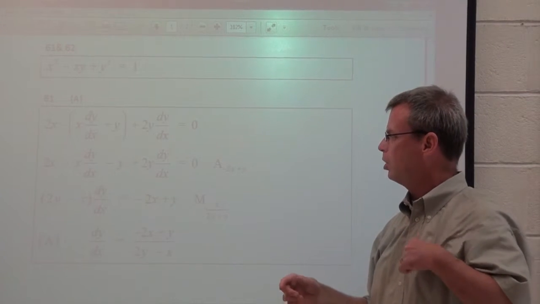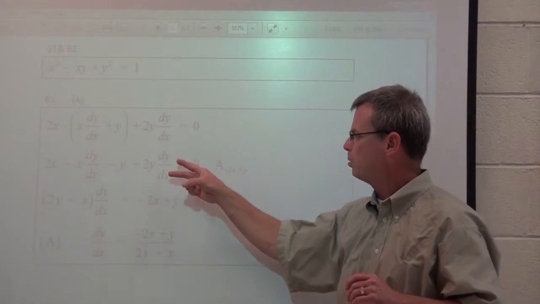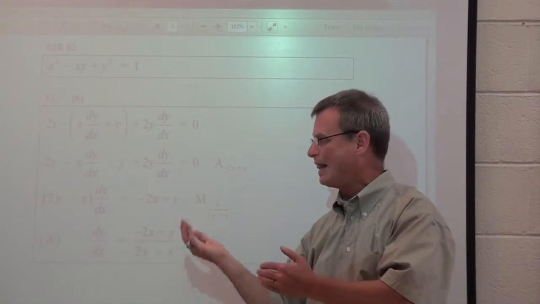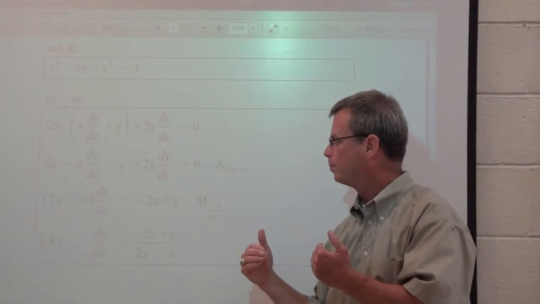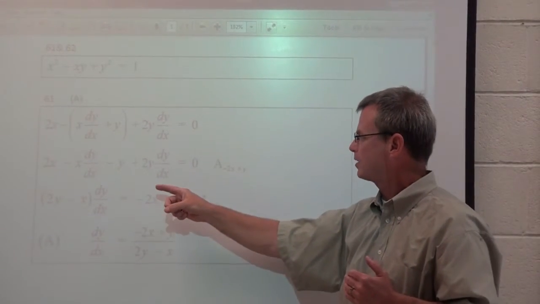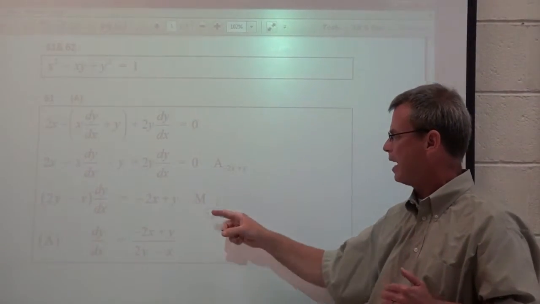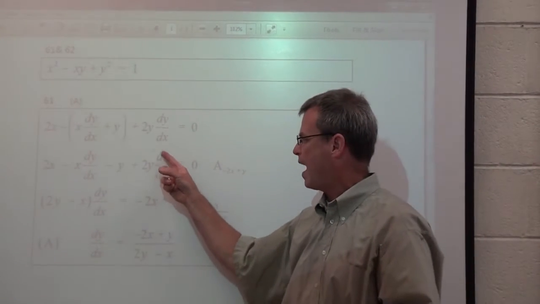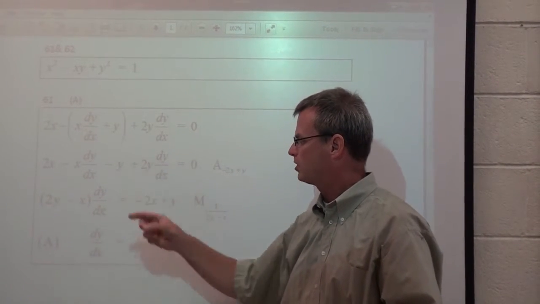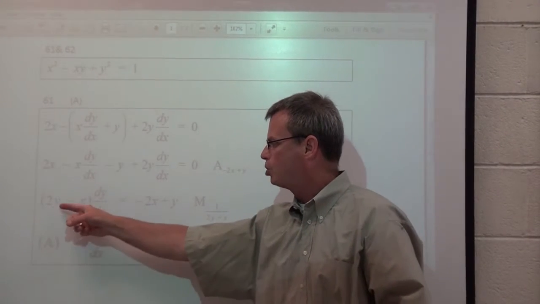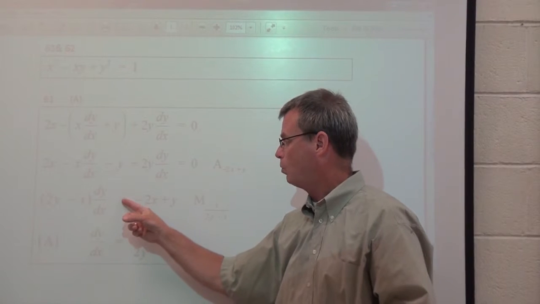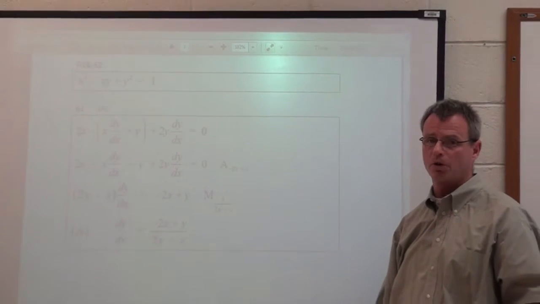Then what you're going to do is group the terms multiplied by dy dx on the left and add the opposite of the other terms to the right. So if I add a negative 2x and a positive y to both sides, and then I factor out a dy dx from what's left on the left, I would have 2y plus a negative x times dy dx equals negative 2x plus y.